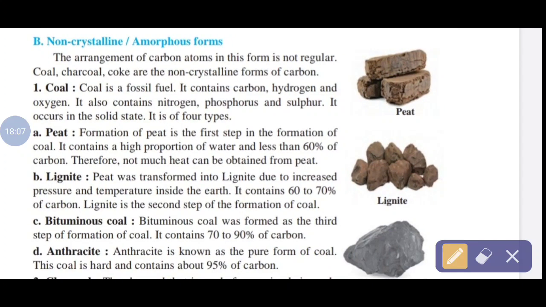Next one. So the second type of allotrope is a non-crystalline allotrope or amorphous form. Non-crystalline allotrope is also called amorphous. In simple words, that is a powder form. Clear? There is no special arrangement of carbon atoms in this non-crystalline form.